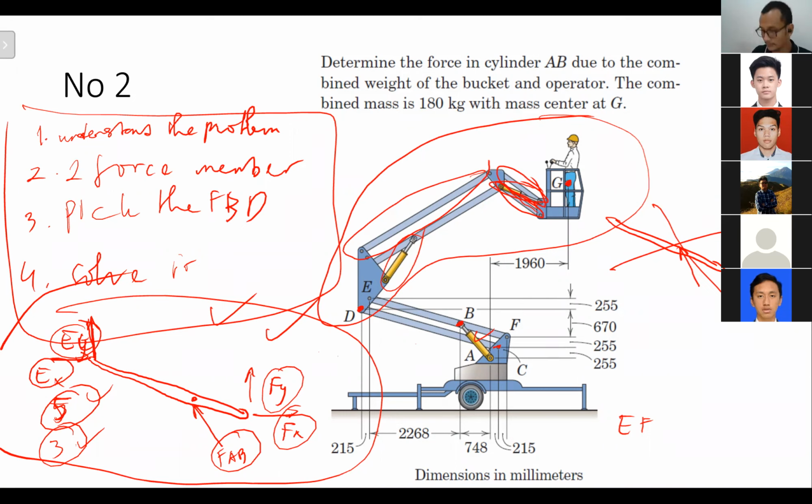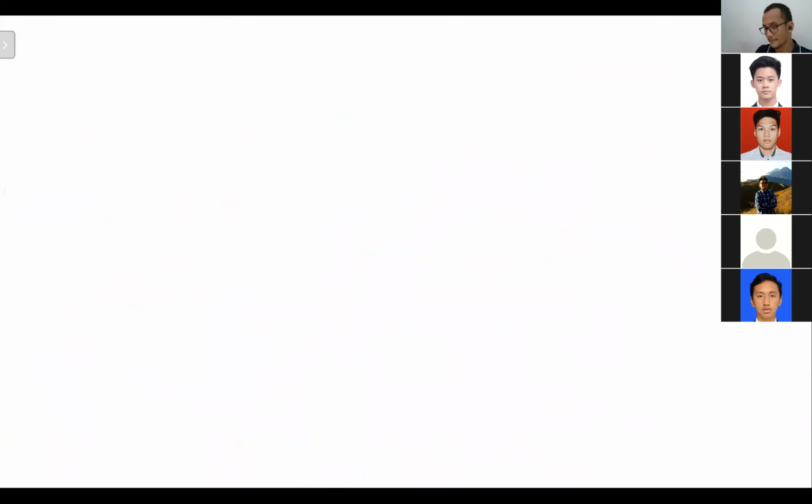Yes. So the free body diagram that we have to solve is DEG there.